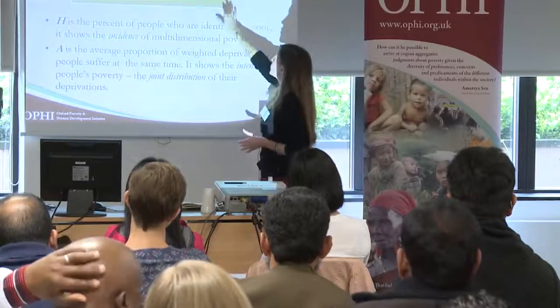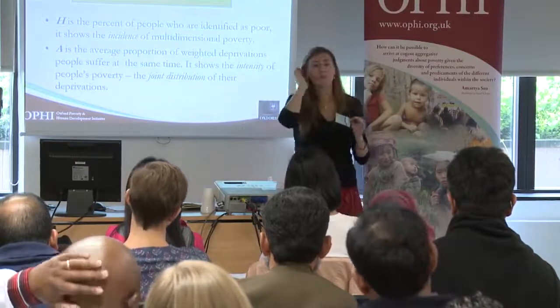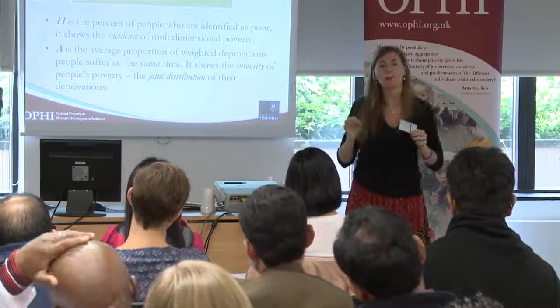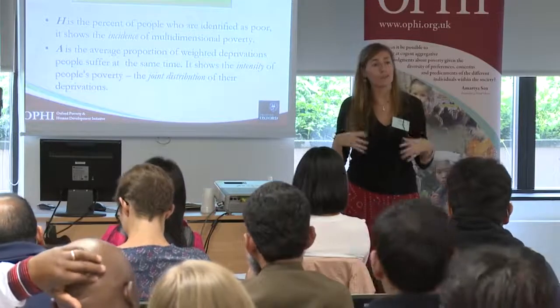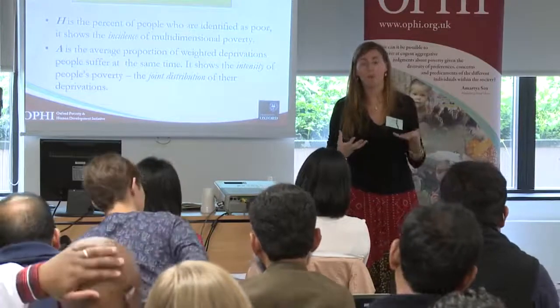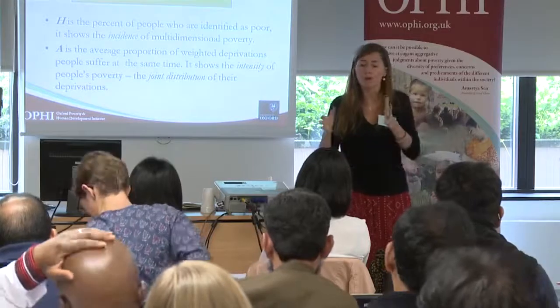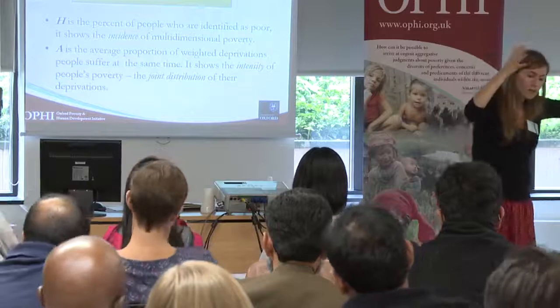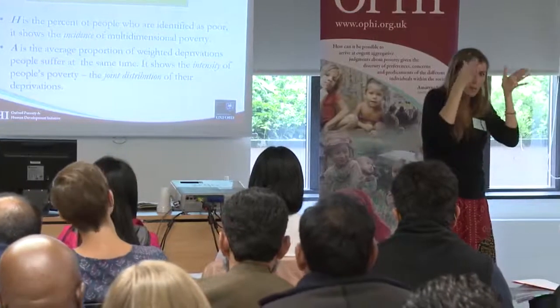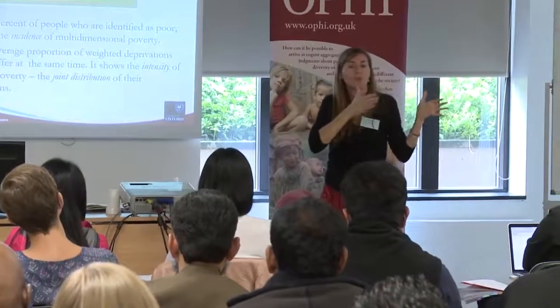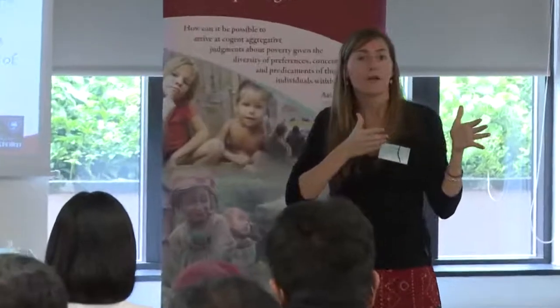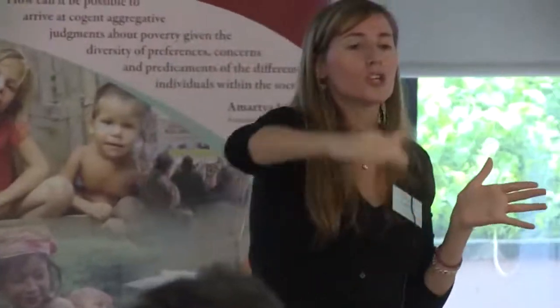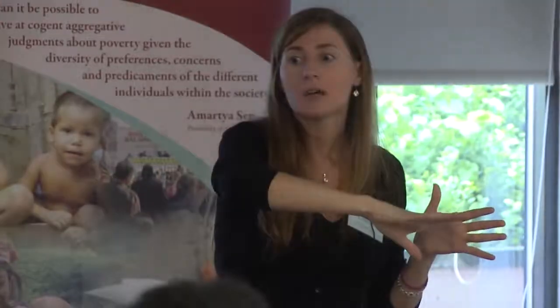Now, the second component, A, is what we call the intensity of poverty. Basically, what we are considering here is the average number of deprivations experienced by those who are poor. So now, instead of looking at the entire population, I'm only going to concentrate on those who are poor, and consider the average deprivation they are suffering.